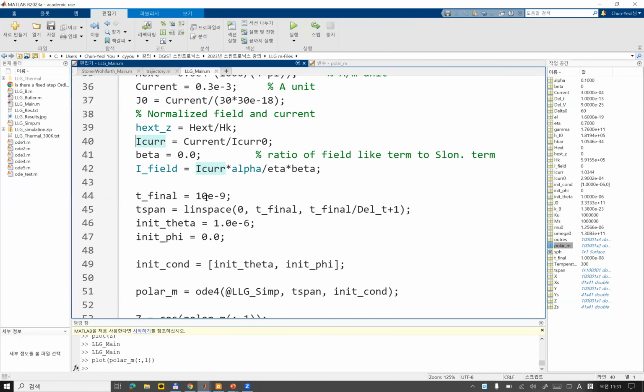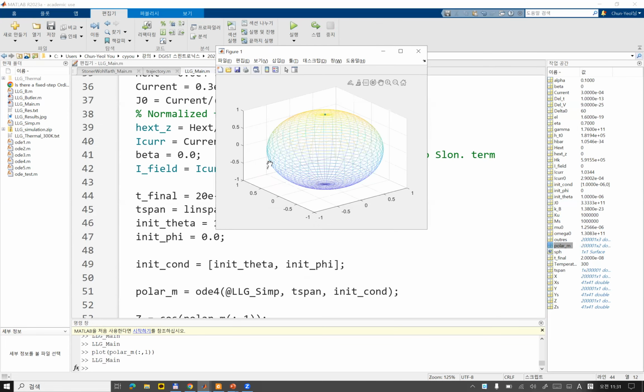So let's increase the time. Okay, say 20 nanoseconds. Now we can see something here.